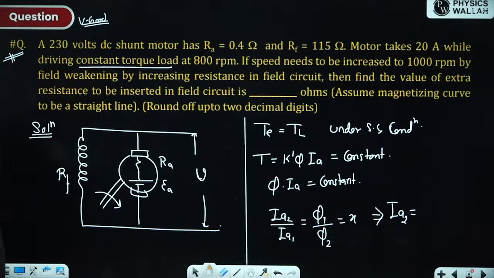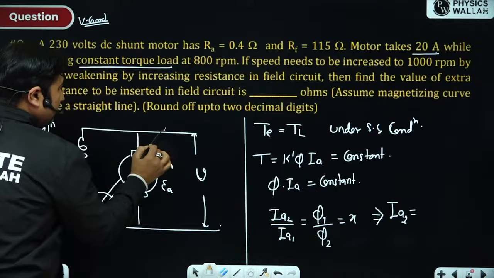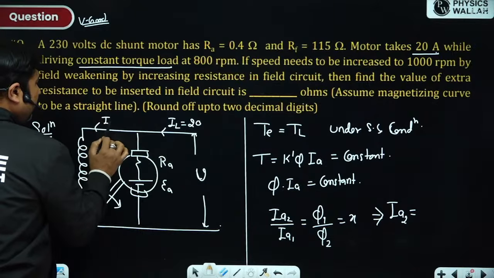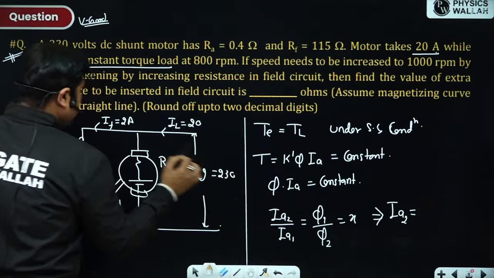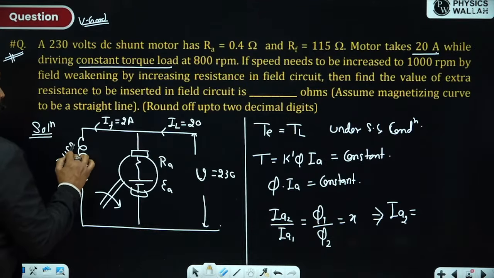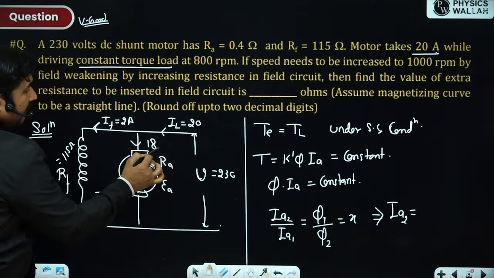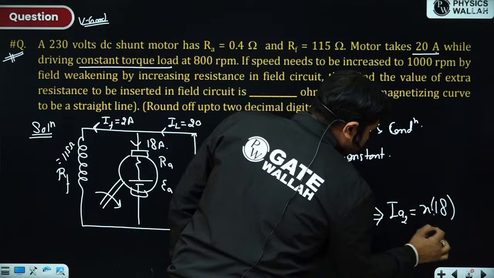Please observe, a motor takes 20 ampere while driving torque. 20 ampere is the current taken onto the load side. So this current will be field current. Field current is 115 by 230, so that indicates 2 ampere. Now if this is 2 ampere, then this will become 18 ampere. So you have to choose the armature current as 18 here.